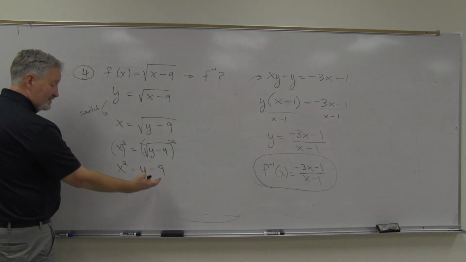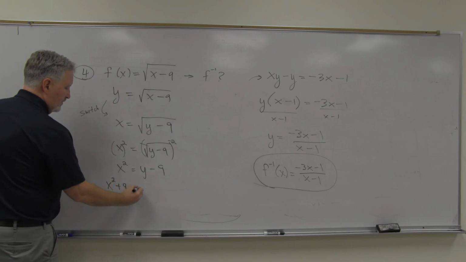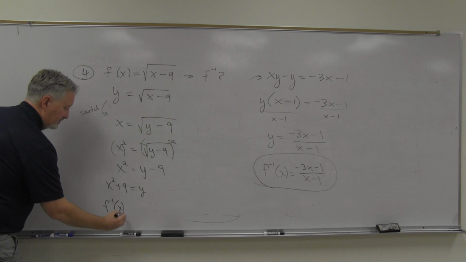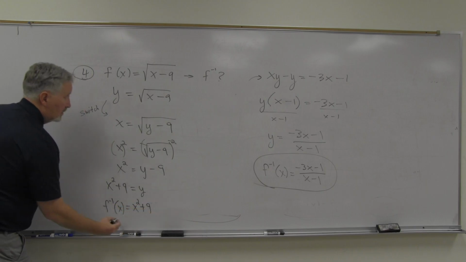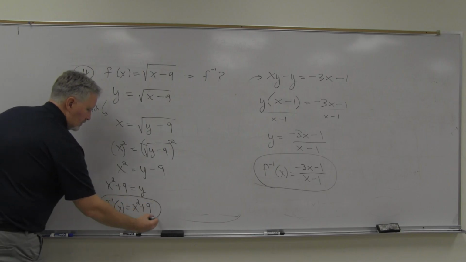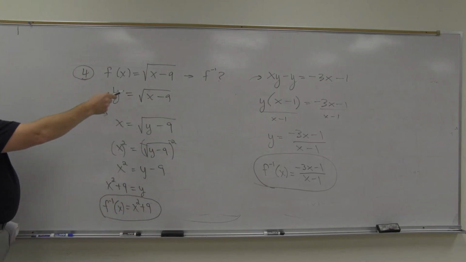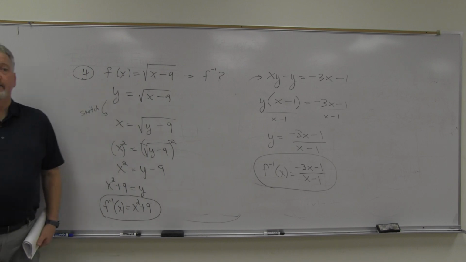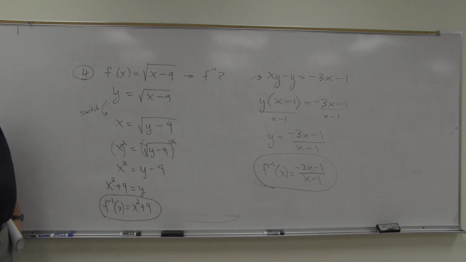All I have to do then, add the 9. And so my inverse is that. f inverse of x is x squared plus 9. And that one probably does make more sense. You got the square root, so you got the x squared, then you got the minus 9, the plus 9. So yeah, it's doing the opposite, but this is the process to go through to confirm that.